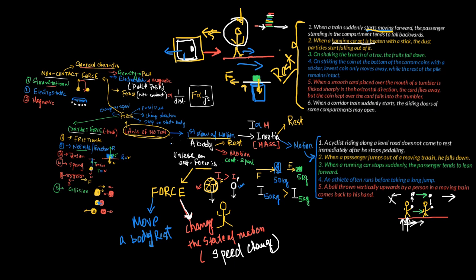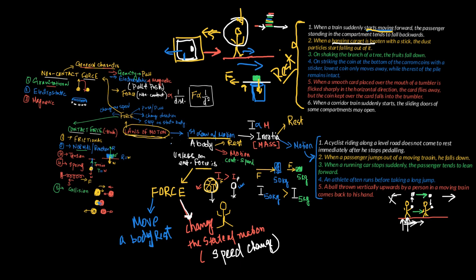So this has given you a total picture of laws of motion, different types of force, contact and non-contact, different types of contact force, different kinds of non-contact force, even some of the characteristics of non-contact force. Then you went to the first law of motion.